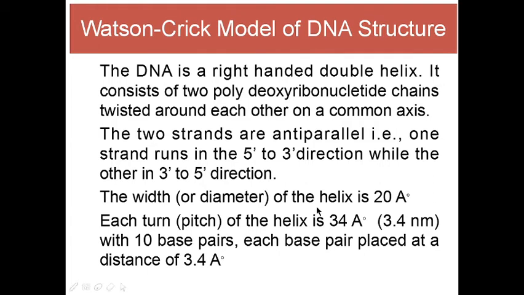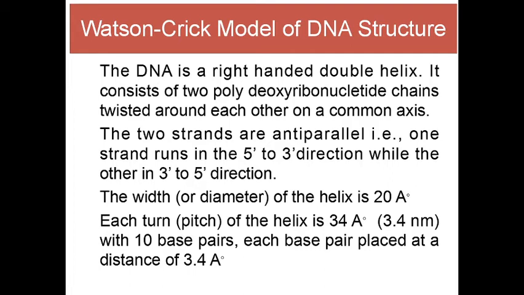The width or diameter of the B form of the helix is found to be 20 angstrom or 2 nanometer. Each turn, called the pitch of the helix, is 34 angstrom or 3.4 nanometer. Each turn has 10 base pairs.